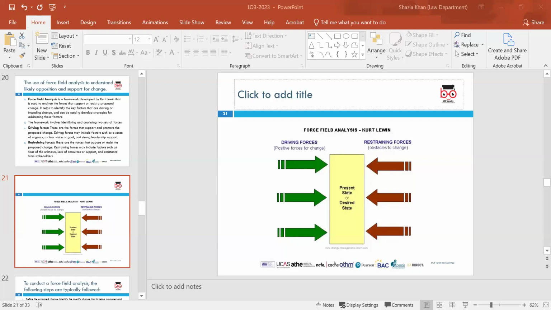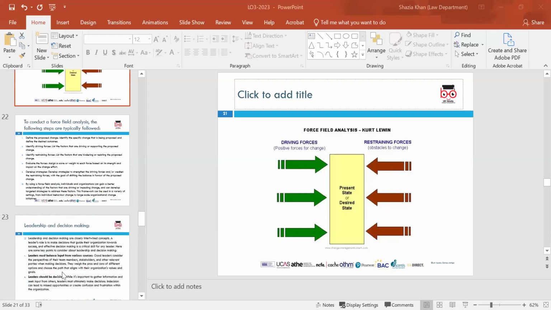For change to happen, he said that the status quo or equilibrium must be upset, either by adding conditions favourable to the change or by reducing the resisting ones. He proposed that whenever driving forces are stronger than restraining forces, the status quo or equilibrium will change. So he looked at distinguishing which factors within a situation or organisation drive a person towards or away from the desired state and which oppose the driving forces. That was his analysis.